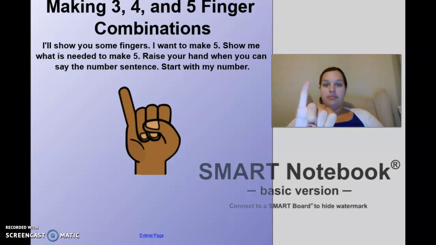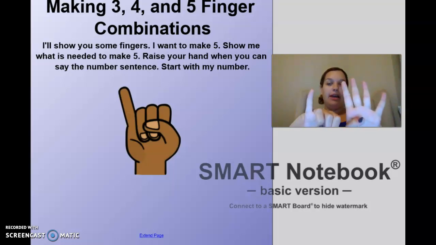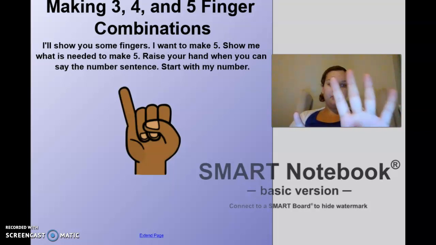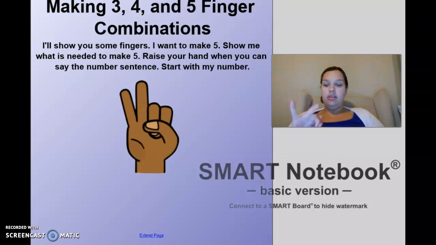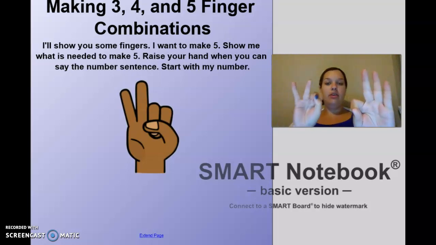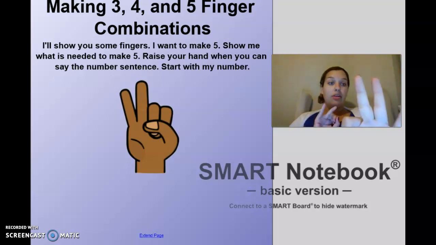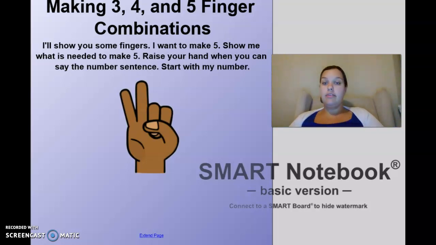So I have 1, 2, 3, 4, 5. 1 and 4 make 5. 2, 3, 4, 5. 2 and 3 make 5.